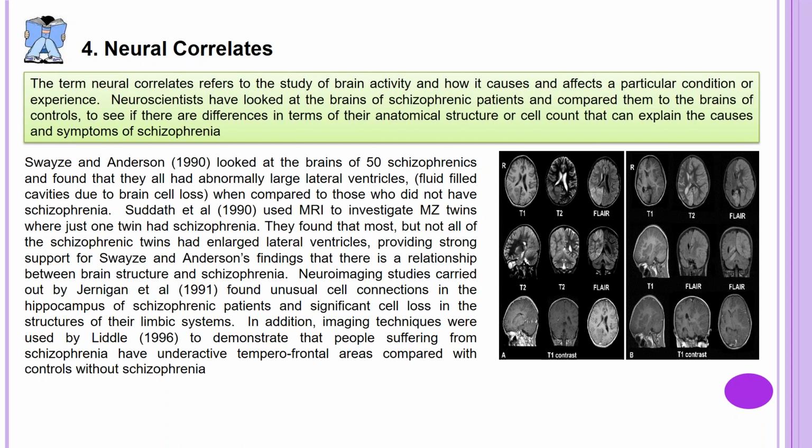Neuroimaging studies carried out by Jernigan in 1991 found unusual cell connections in the hippocampus of schizophrenic patients and significant cell loss in the structures of their limbic systems. In addition, imaging techniques were used by Liddell in 1996 to demonstrate that people suffering from schizophrenia have underactive temporofrontal areas compared with controls without schizophrenia.